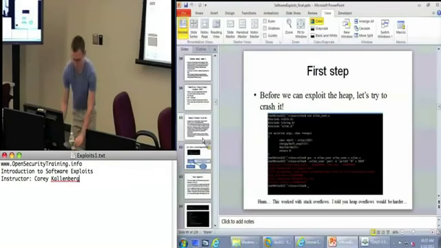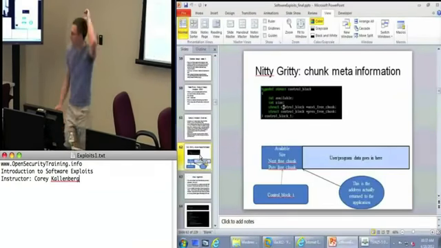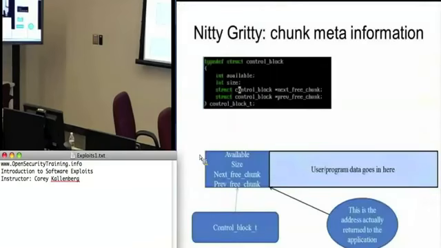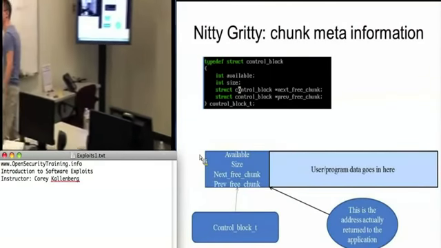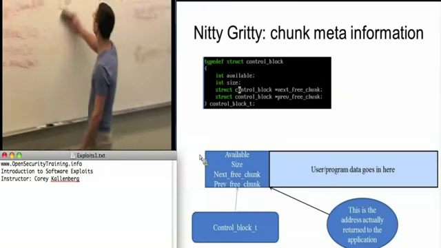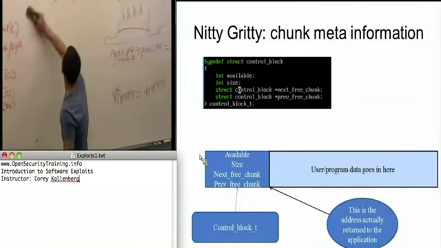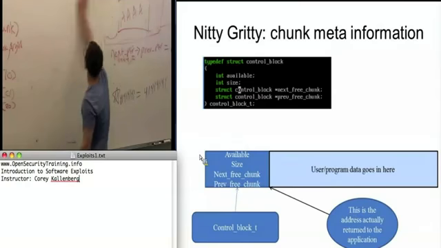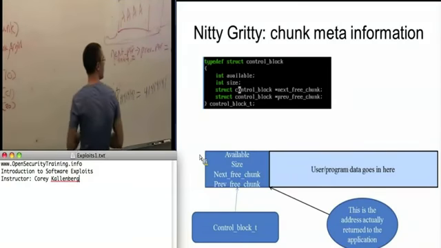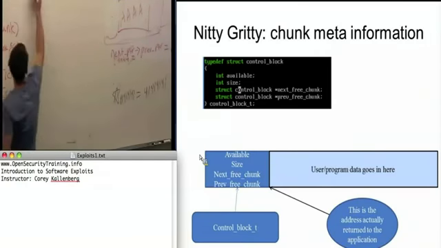Okay. So this is something you're going to want to keep on a piece of paper since we'll be accessing or using this field. You want to know exactly how it is laid out. So this structure looks like a control block.